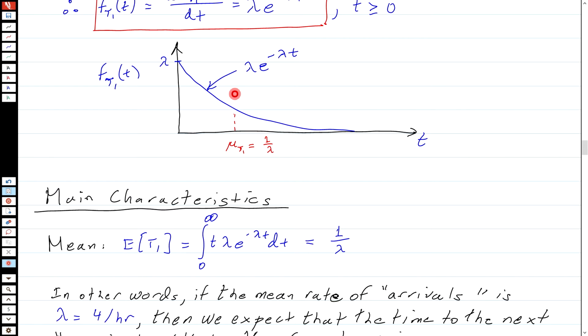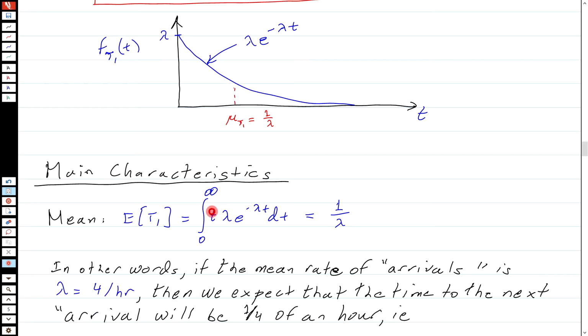Okay, main characteristics. The expected value of T1, the expected time between occurrences, is the integral over all possible values of t, from 0 to infinity, of t times their probability of occurrence, little f of t dt. We have to integrate this by parts, but once we finish doing that, it turns out the expected time between occurrences is just 1 over the rate.